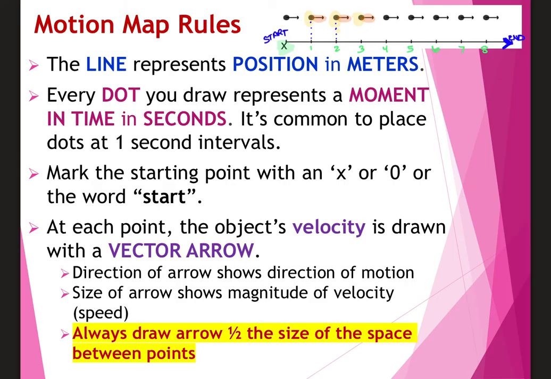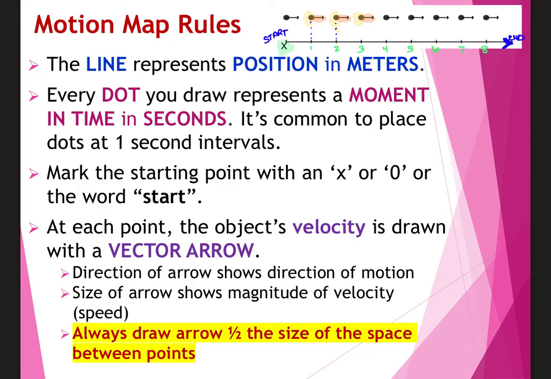One very important thing is highlighted at the bottom. Always draw the arrow 1/2 the size of the space between the dots. You will see what I mean, and why this is important, as we practice a few of these. That is really important.